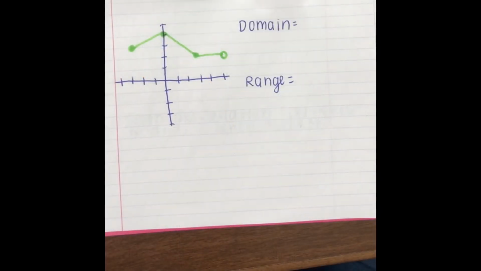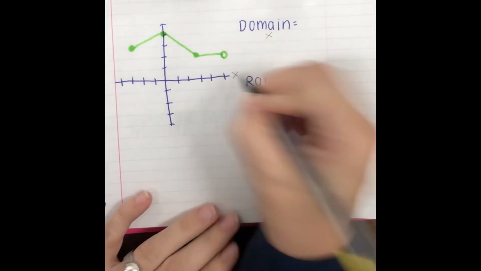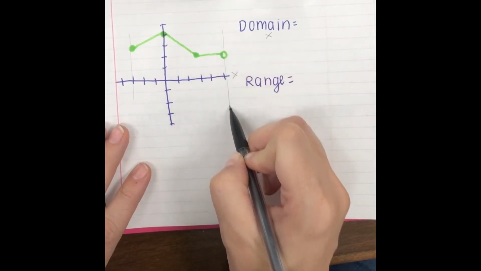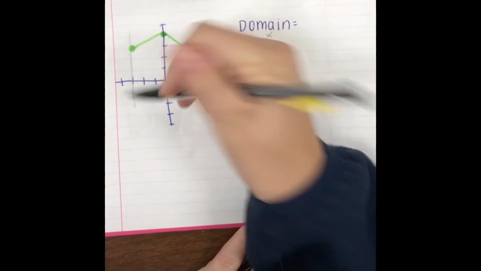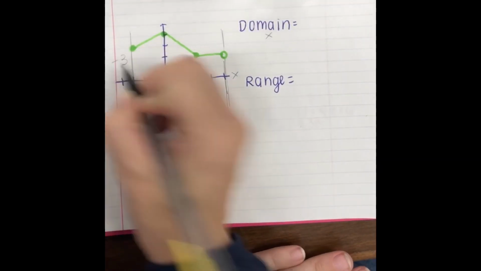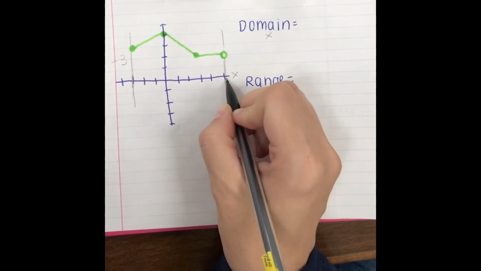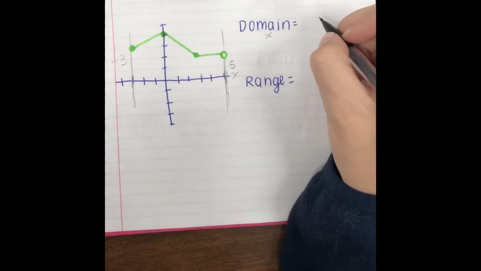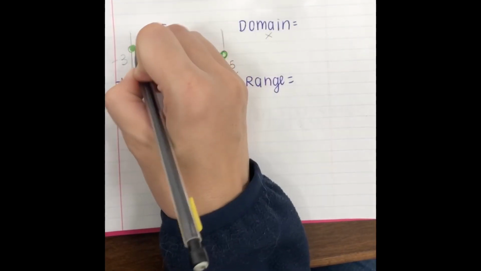All right, last but not least, domain and range one more time. So domain, x-axis, we're running from smallest to largest. So here are our limits, our bounds. So we're going from -3 on my x-axis, here's -3, all the way up to 5. 5 has an open circle. -3 has a closed circle.